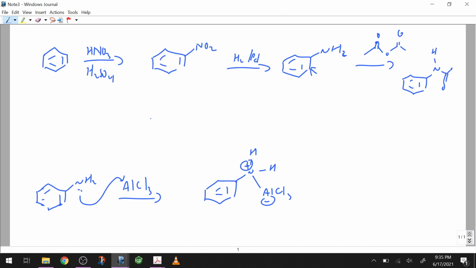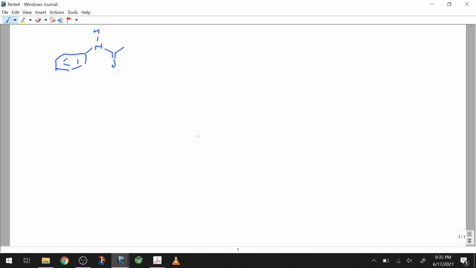So from there, once I have that nitrogen covered up, I can go a couple of different ways here. One, I could do the chlorination and rely on the size of that group to push things more para.